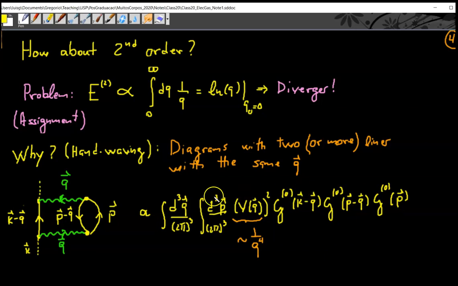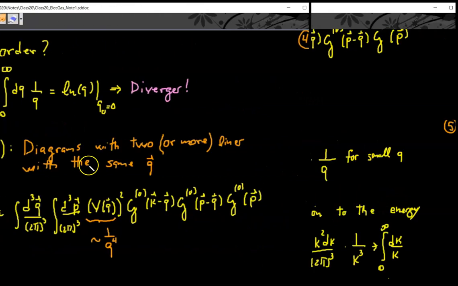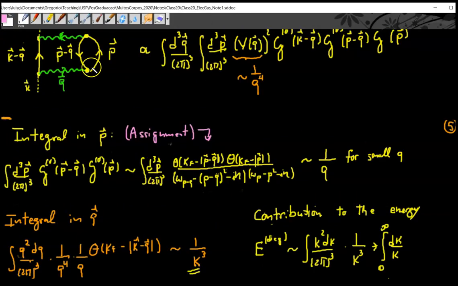So let's take a look at this integral and see why the fact that I have 1 over q to the fourth here is not good. Let's first look at this closed loop here, these two propagators, which is the integral in p, right? This internal momentum here.